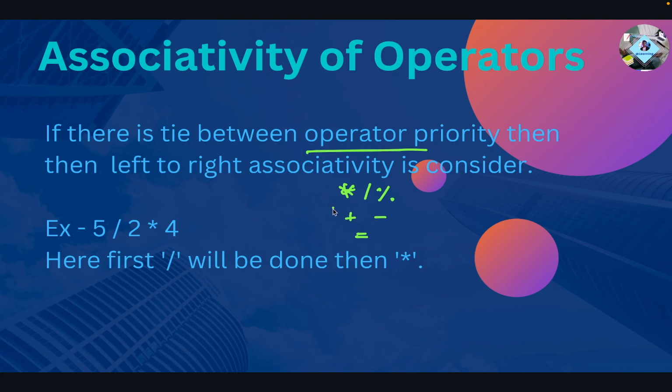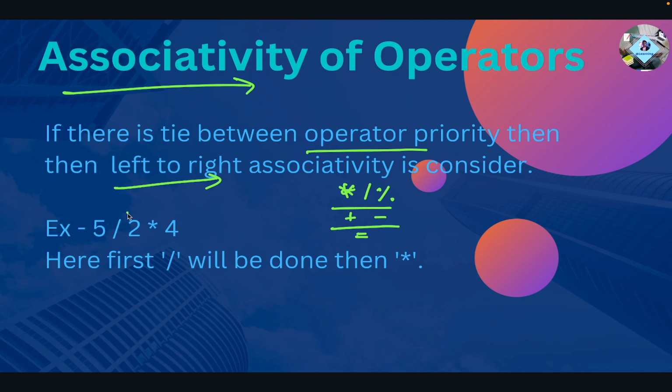So if operators of the same priority are appearing in the same line, we have to see left to right. That is the associativity of operators. So left to right associativity is considered.